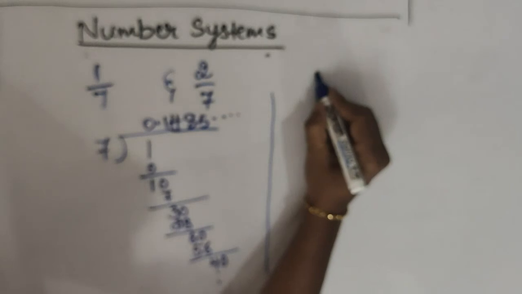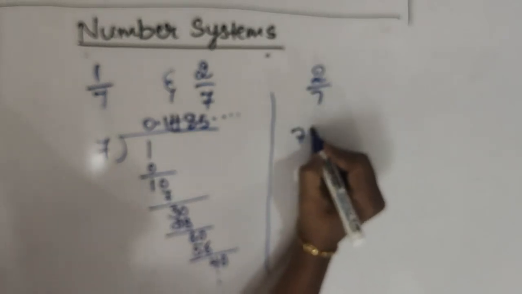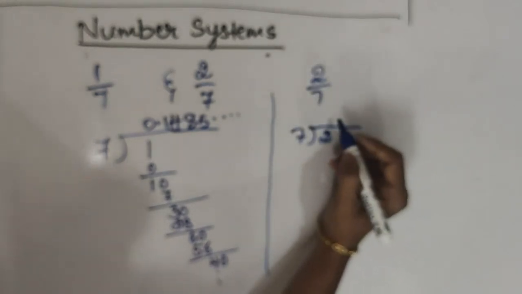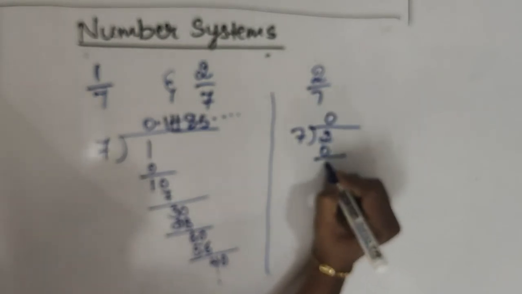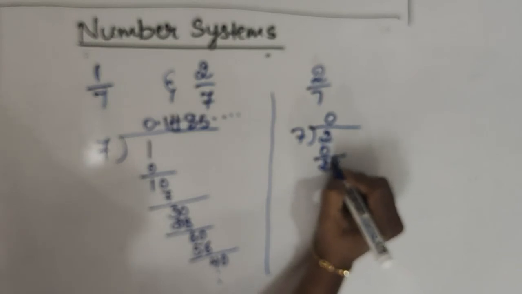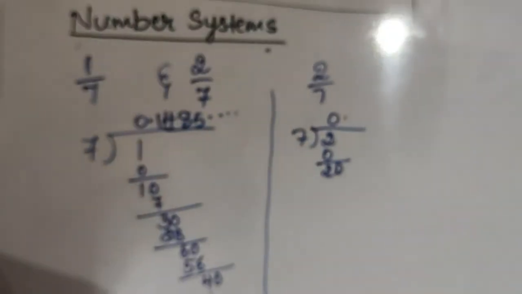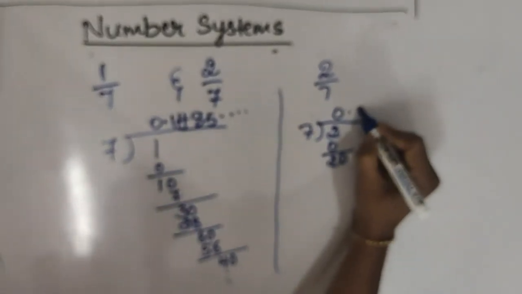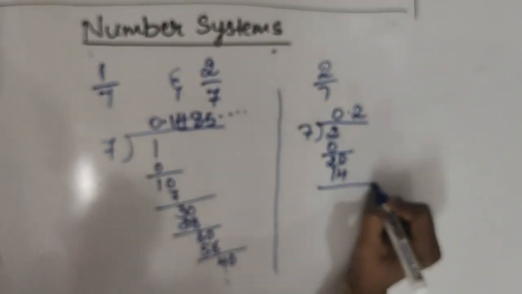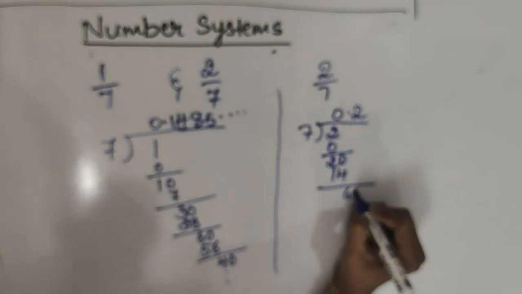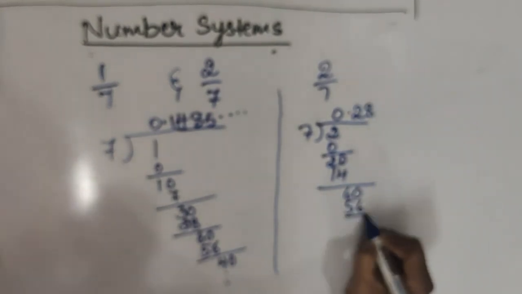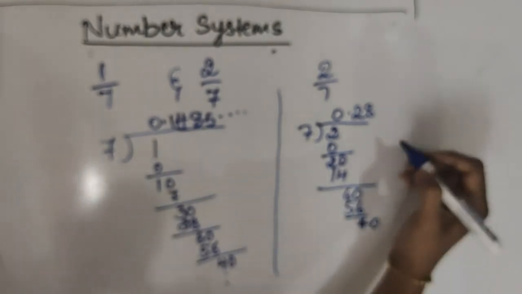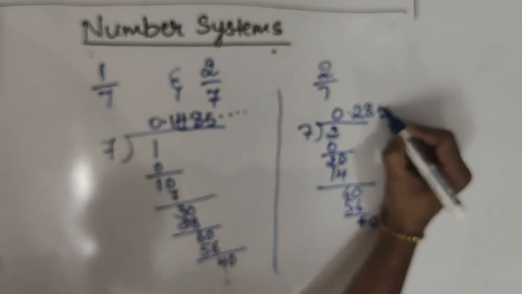Next we'll take one more number, 2 by 7. 7 and 2. 7 2s are 14. 6, not going, 60, 7 8s are 56, 4, 40, 7 5s are 35.